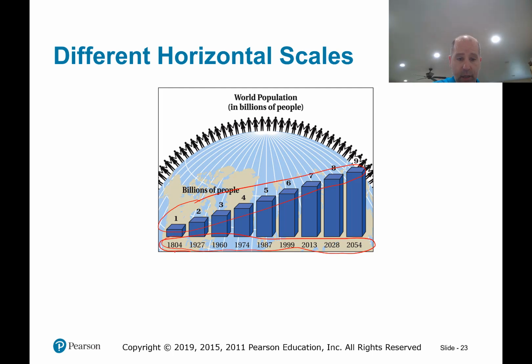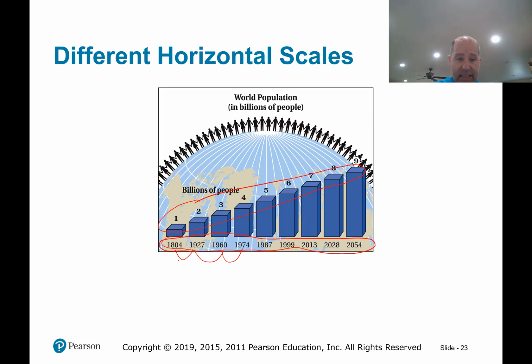If you look at the time between 1804 and 1927, you've got a span of over 100 years. But then from 1927 to 1960, you've got 33 years. And from 1960 to 1974, you've got 14 years.